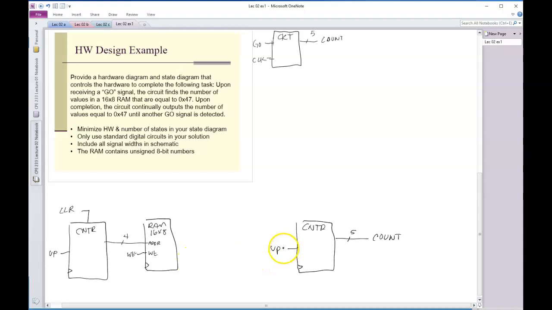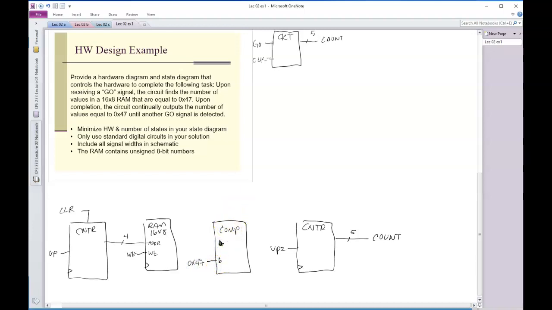It kind of clashes with that signal, but I'm going to call this, we'll say up to, how's that one? And the key to making this circuit work is the fact that it has a comparator in it. It's looking for 47. The way I'm going to look for 47 is using a comparator. And what I'm going to do is hard code one of those inputs to 47.